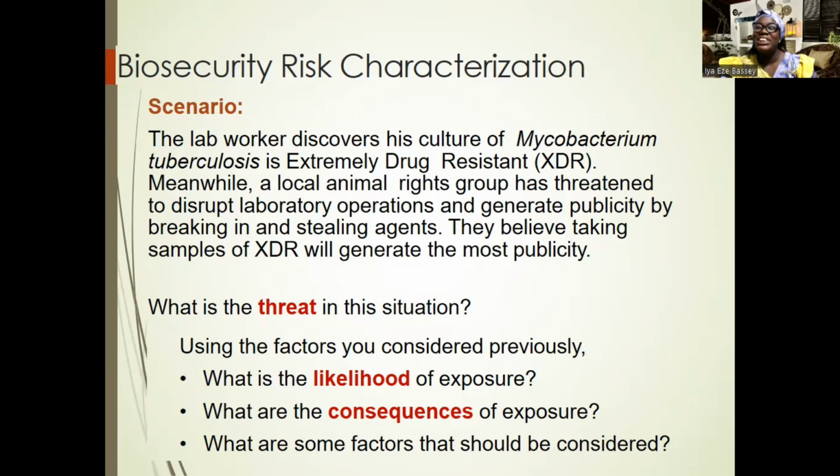Meanwhile, a local animal rights group has threatened to disrupt laboratory operations and generate publicity by breaking in and stealing agents. They believe taking samples of XDR will generate the most publicity.